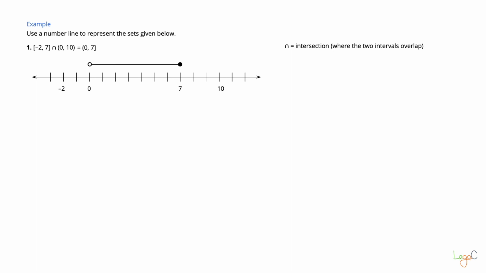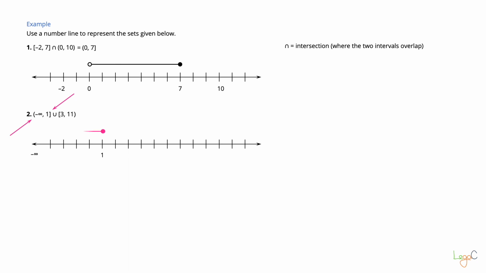The second example is the union from negative infinity to 1, where 1 is a square bracket, with the interval 3 to 11. So negative infinity has a round bracket and 1 has a dot because it's a square bracket.